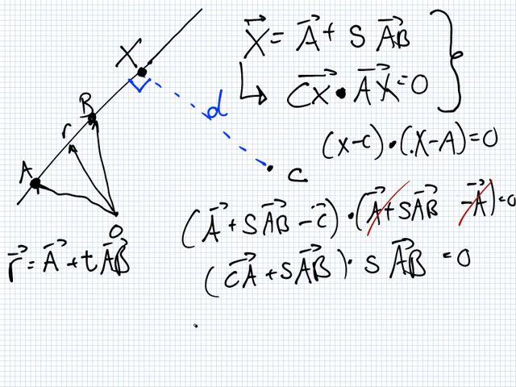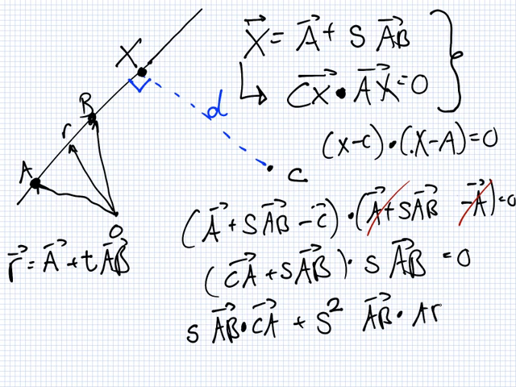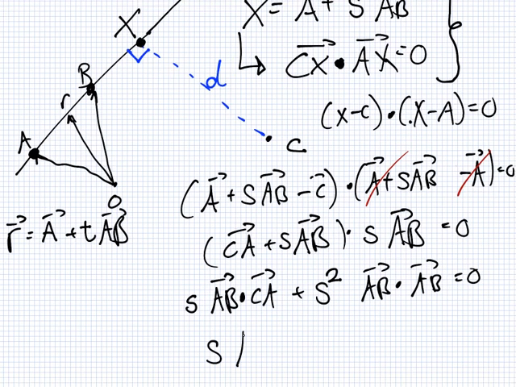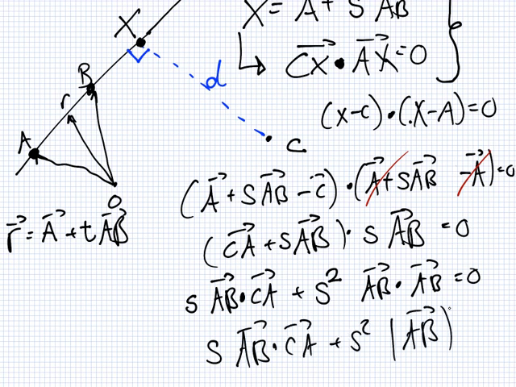So I'll get SAB dot CA plus S squared AB dot AB equals 0. Isn't that the magnitude? Yes, correct. AB dot AB is the magnitude of AB squared. Now, what's in common to both of these?